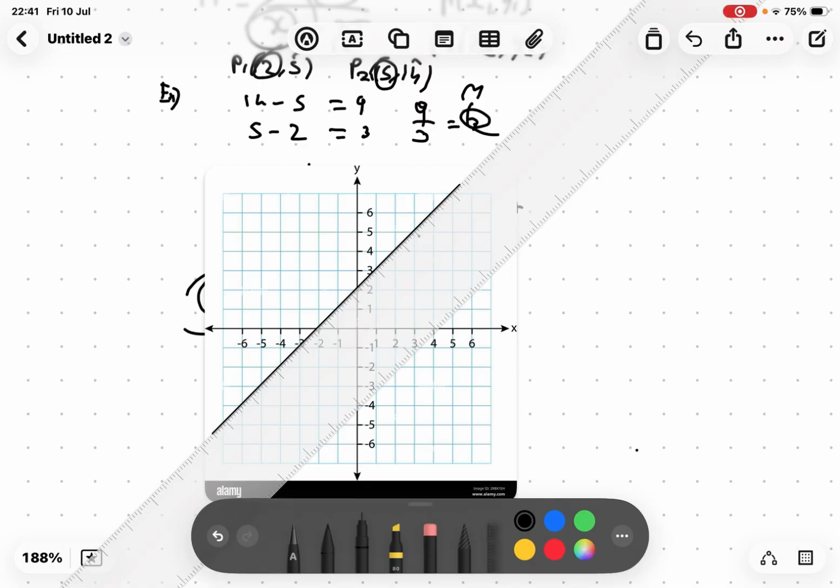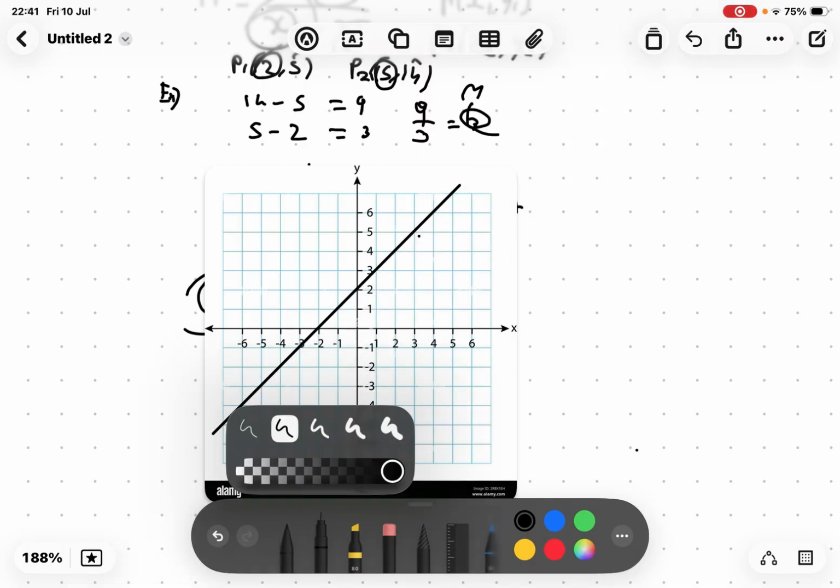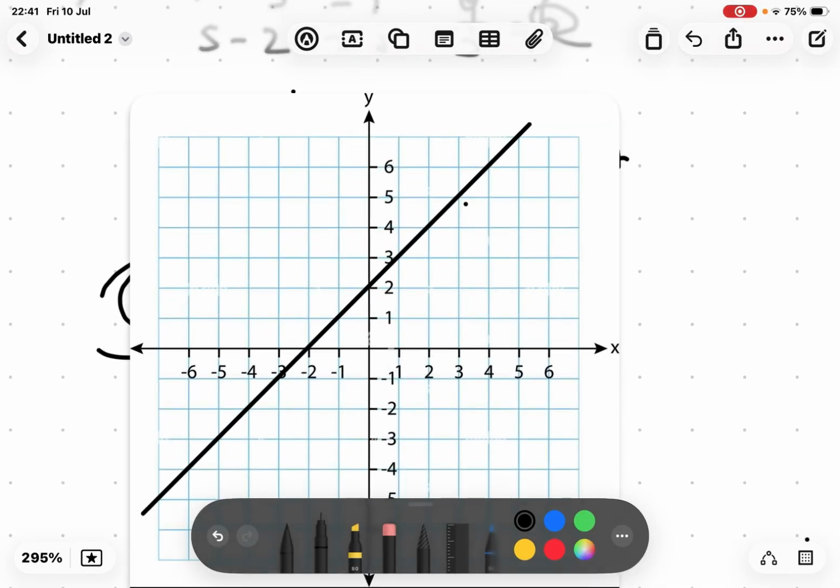So, as we can see over here, at this point it is 1, 1, right? And the y-intercept is this line. As you can see over here, it's 2.